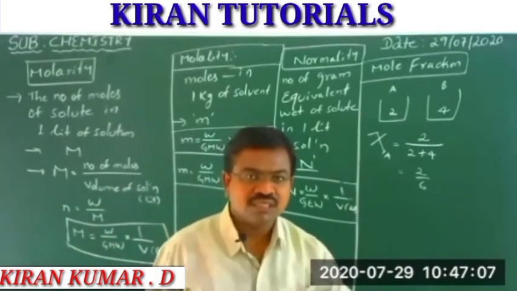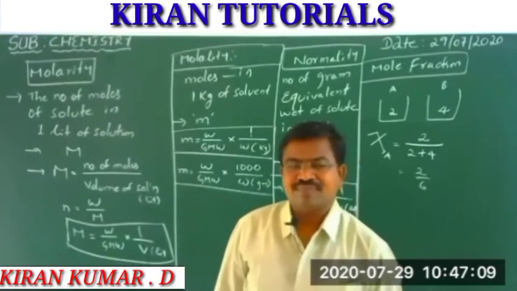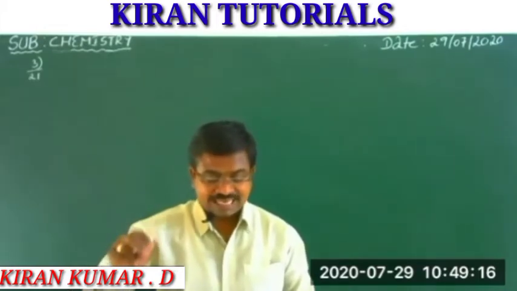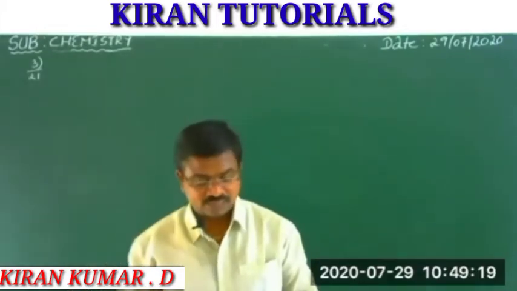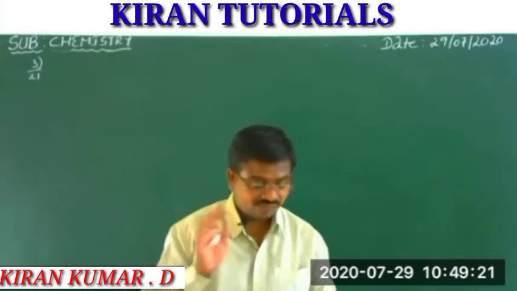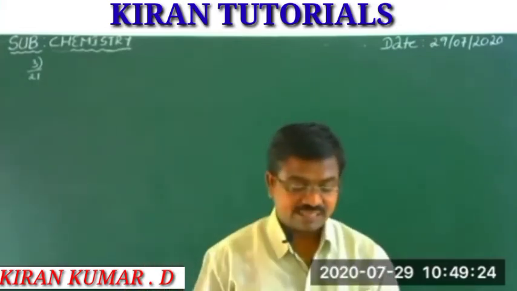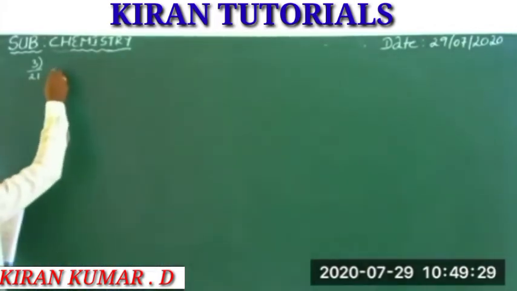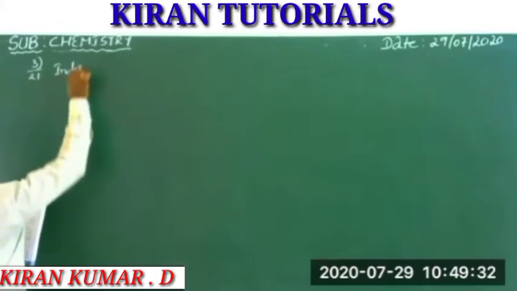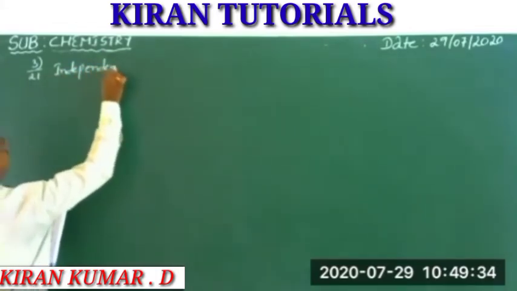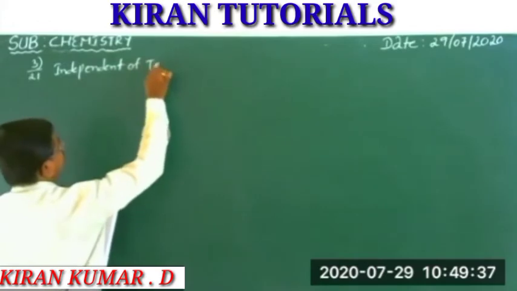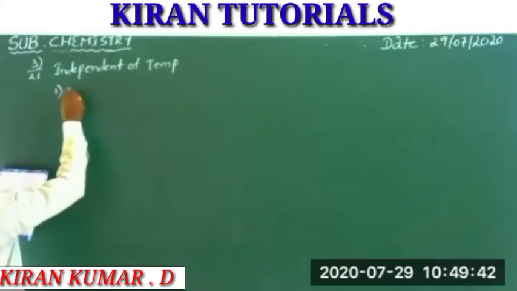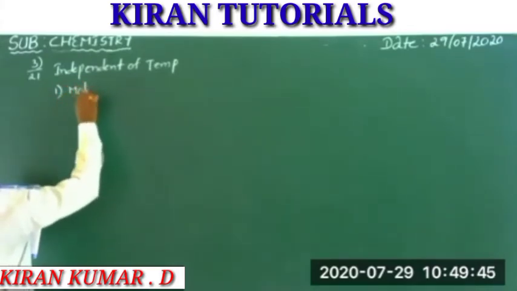Now, if you go to the numericals in this topic, the question which of the following is not an example of a solution is completed. Third one: which of the following methods of expressing concentration is independent of temperature? The first option, molarity.